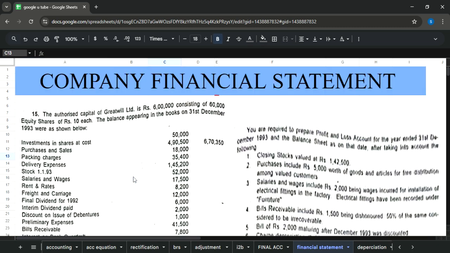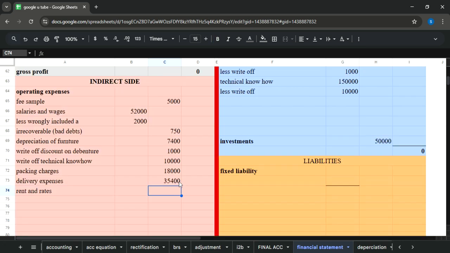Let's see how much amount of rent and rates is, and there is a trouble of mentioning it. I think rent rates 17,500. Let's mention 17,500 in indirect side.